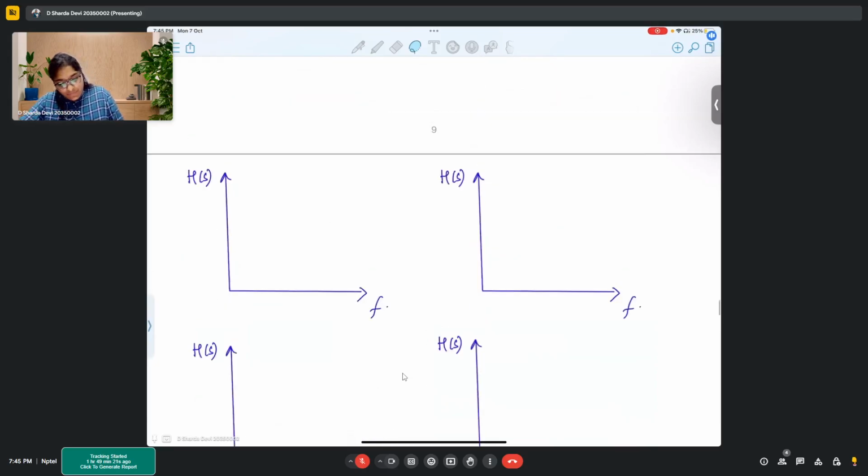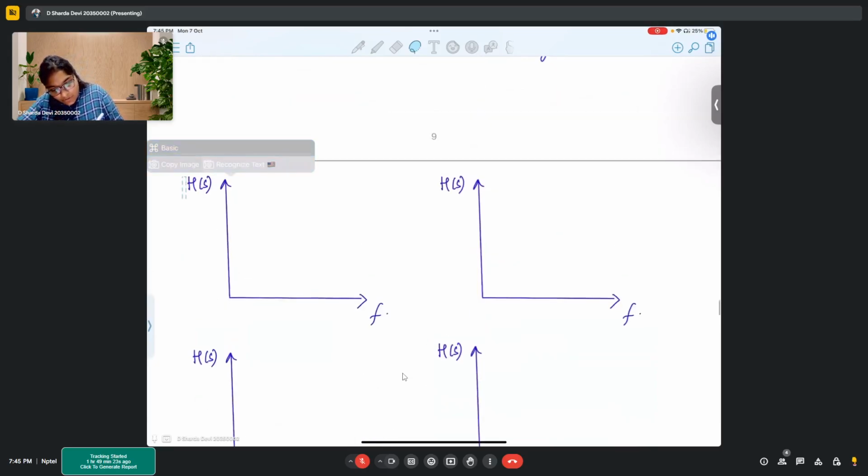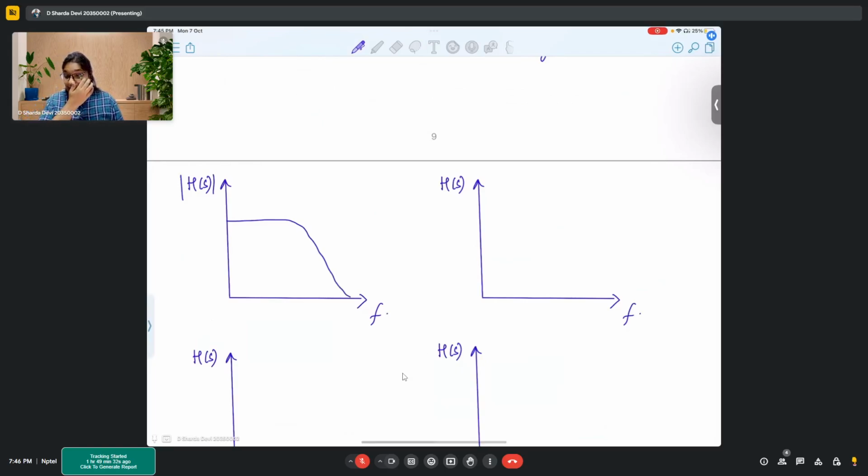Okay. So if you have a Bode plot like this, which is a magnitude plot, and if I say my Bode plot looks like this, then by looking at this, if I have to comment on the functionality of my system, this is a low pass filter.